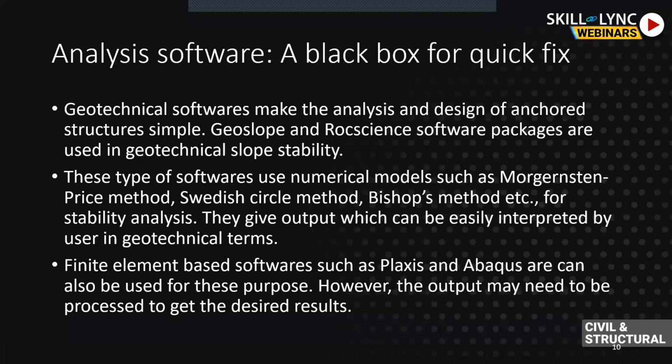There are several softwares like GeoSlope, RockScience, even Plaxis uses the c-phi reduction method to give out some output based on slope stability. We just want to know the factor of safety of a structure or of a slope, some kind of building. So we apply anchors or we apply geosynthetics, then we model the geometry, input the properties, and run the analysis. That's how they give out something.